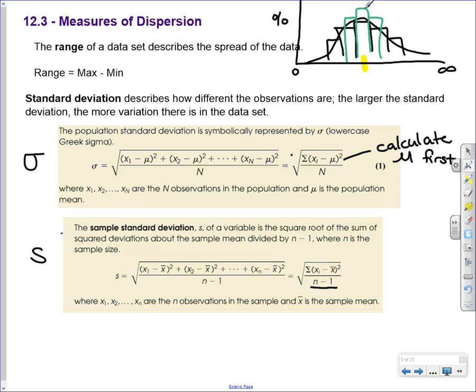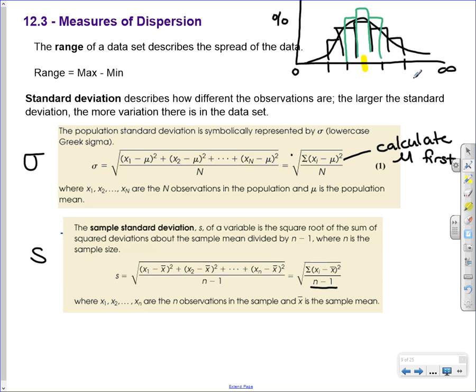So the higher the bar, the more people or objects that fell into whatever range of data we're talking about here, right? Looking at the difference in these two graphs, the green one only goes from this number to this number. The black one goes from this one to this one.